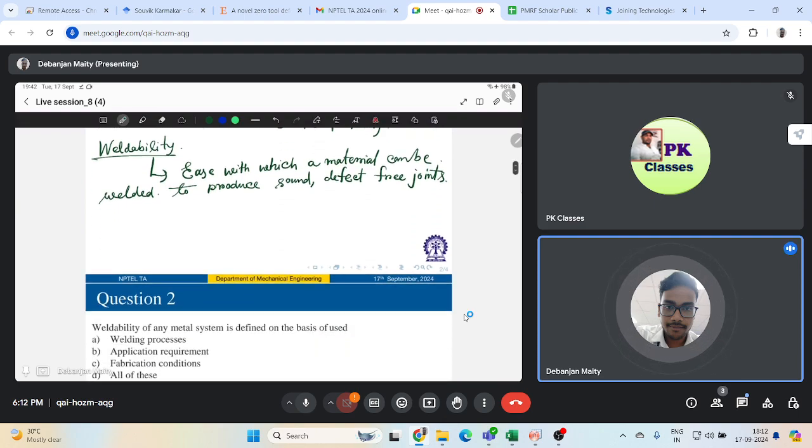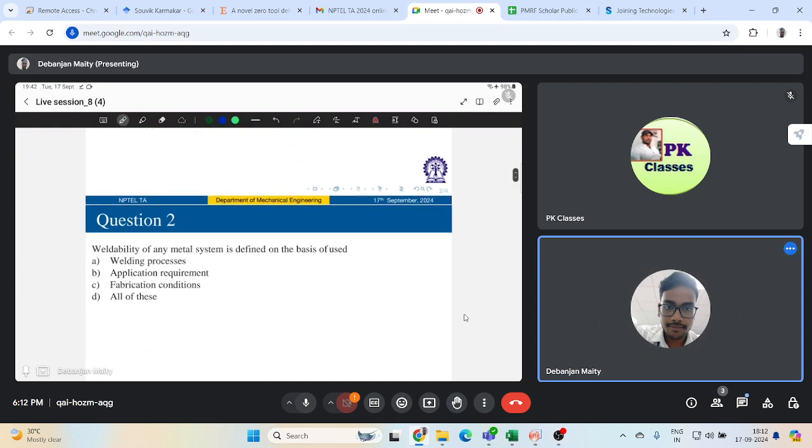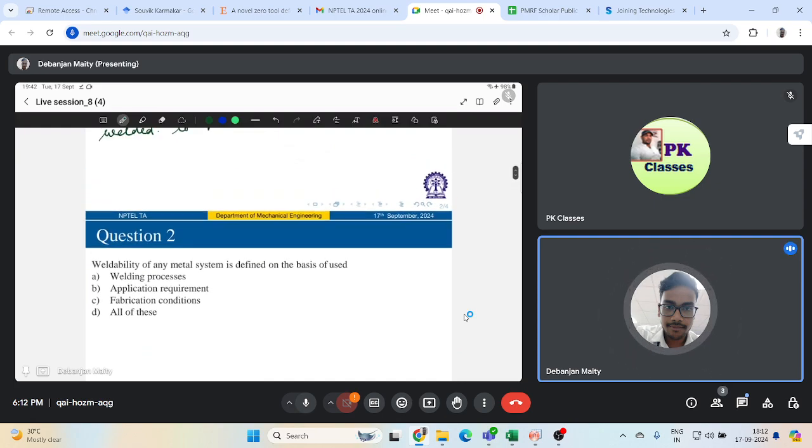Now, what are the key factors which will affect my weldability? I will, of course, explain one by one, but in general, there are a few factors which I want to note down.